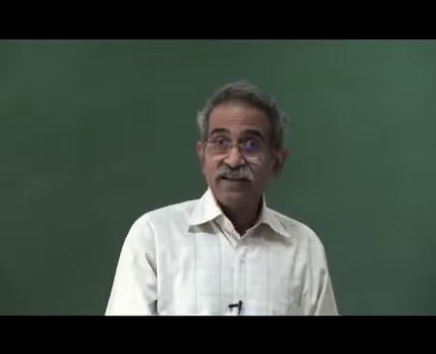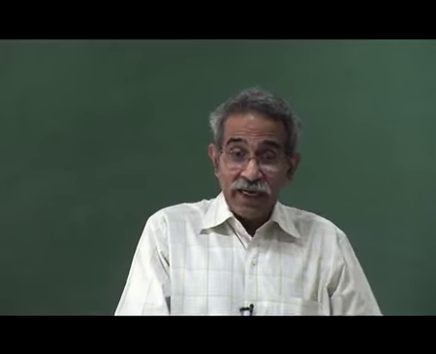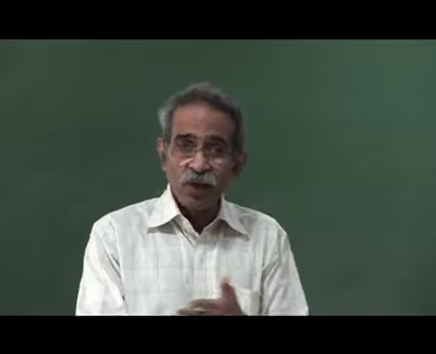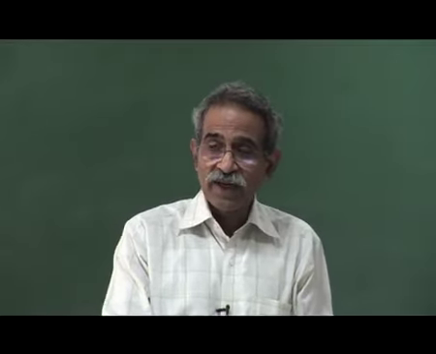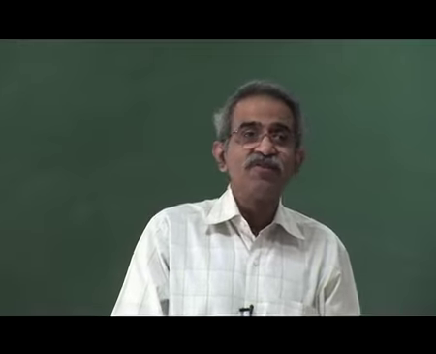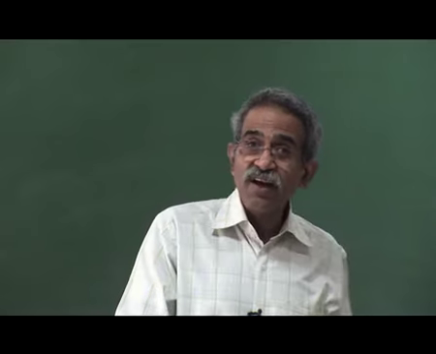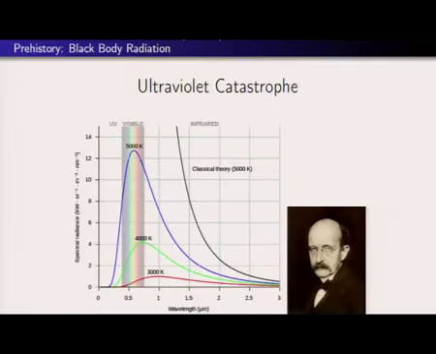But if I integrate the classical curve, because it is going up to infinity, I will get a divergent energy. That means at every temperature except T equal to 0, absolute 0, which nobody can achieve, my radiation will be carrying infinite energy, which is nonsense, because we cannot deal with infinite energy, and this is called ultraviolet catastrophe.